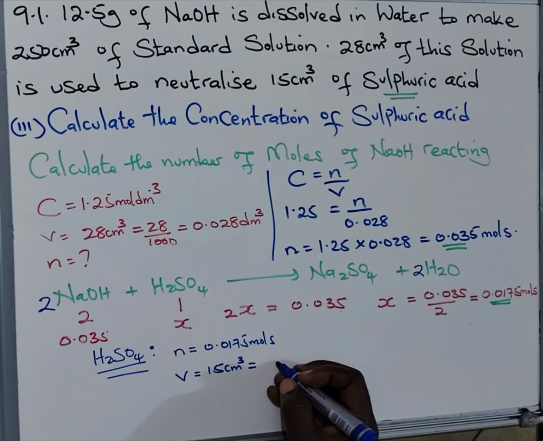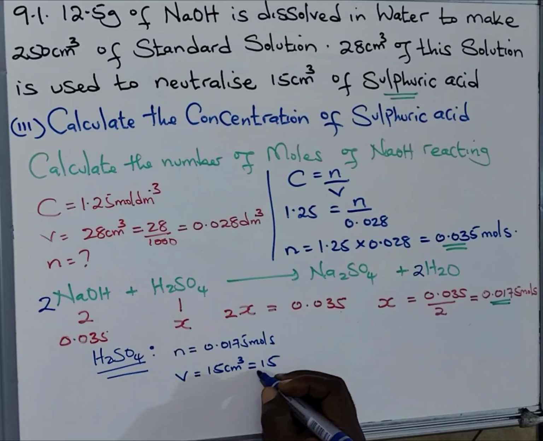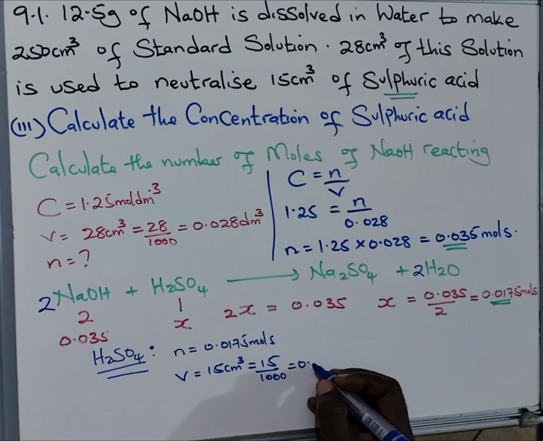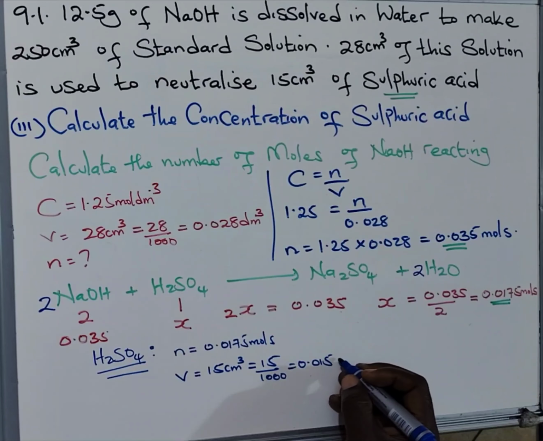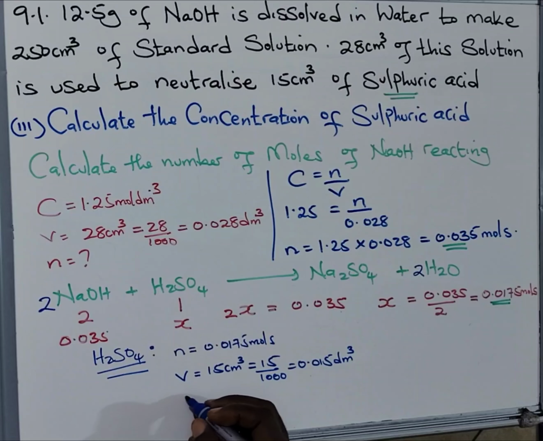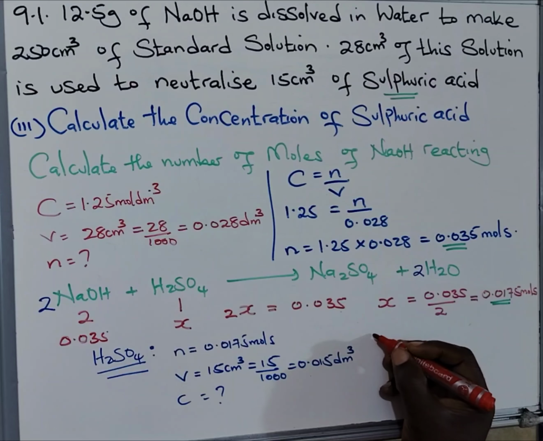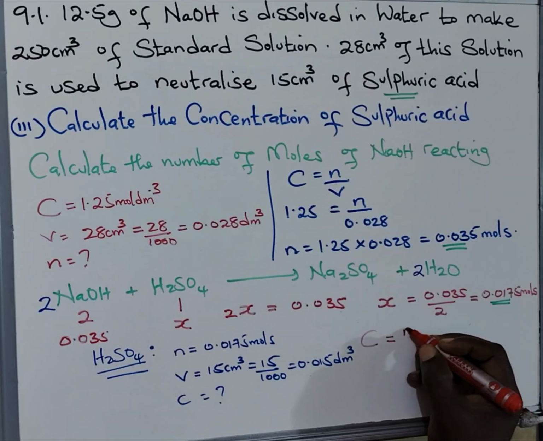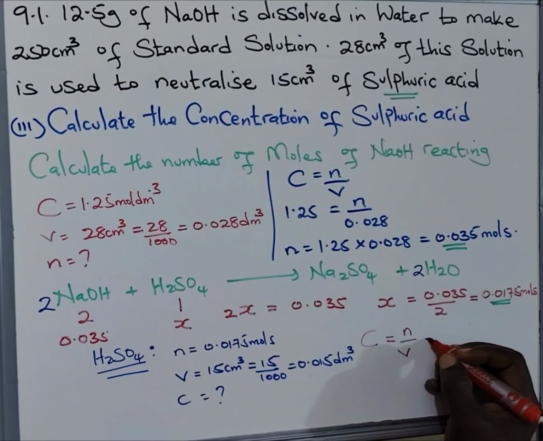If you convert it to cubic decimeter, you divide by 1000 to give you 0.015 cubic decimeter. And we are looking for concentration. From this information, the formula is very clearly known. The formula is C is equal to number of moles over volume.